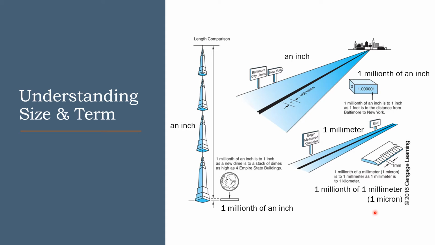So I want you to go over this again, read it carefully, and feel how small a millionth is. In numbers, we write it this way, with 6 zeros behind the decimal. In millimeters, we use a micron. For inch, we say millionth of an inch. This is your inch pound British system, and this one is your metric or SI system.